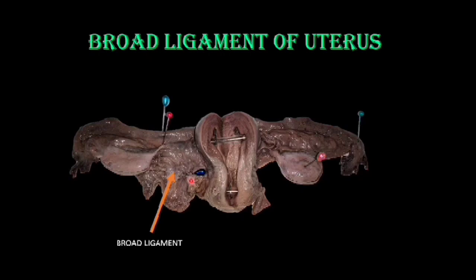From the figure you can understand that the broad ligament is a quadrilateral structure. That means it has 4 borders and 2 surfaces. The surfaces are antero-inferior surface and postero-superior surface, whereas the borders are medial border, lateral border, upper border and lower border.